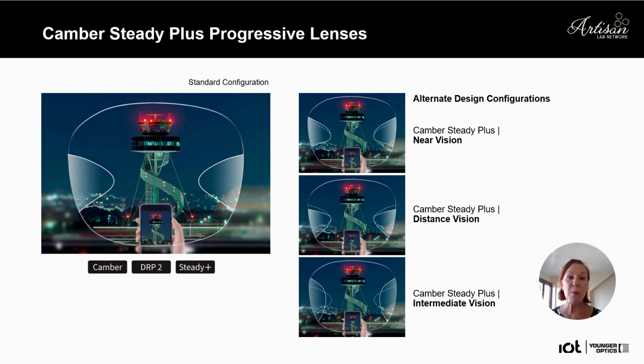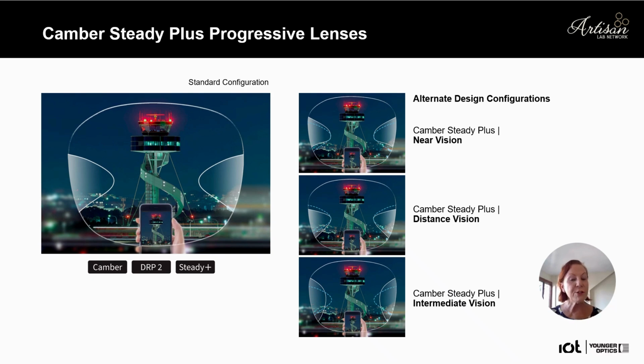However, some of your patients may want a specific, equally high quality design that focuses a little bit more in 3 different areas. You can see on the top right, this would be an alternate design configuration for near vision. And in the middle, maximized for distance vision, and on the lower right, maximized for intermediate vision.